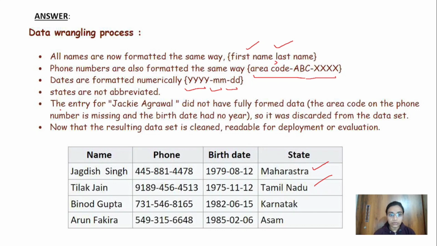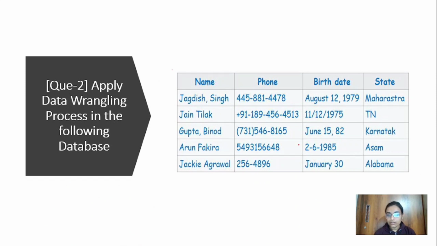In the data set below, we have removed the data of Jackie Agarwal because it does not have fully formed data. As we can see, the data associated with Jackie Agarwal is not complete because the phone number was not in the specified format.